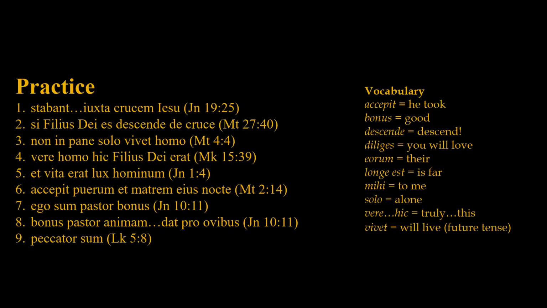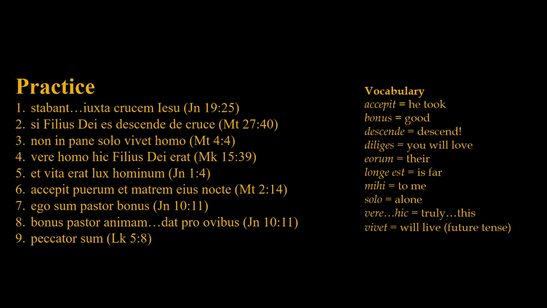Same noun as homo in number 3, same noun as homo in number 4, but here in the genitive plural, okay? And the life was the light of men. Remember, in Latin there's no a, there's no the, no articles, so we have to put those in English. And the life was the light of men, or of people.